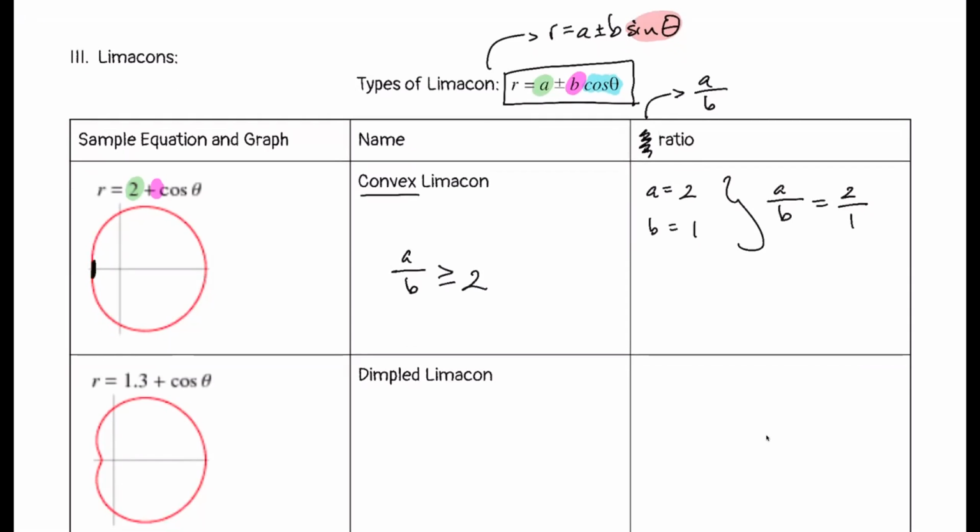Okay, and convex here really means that this side right here is actually kind of flattened, all right? So it means that one side is flat.